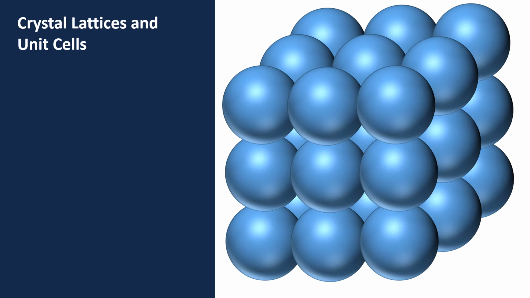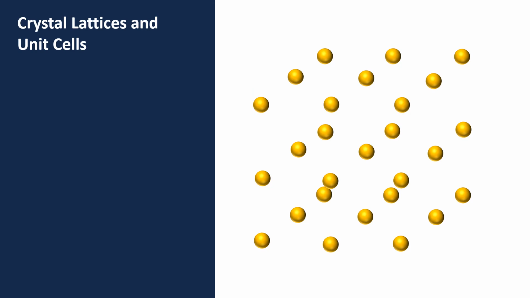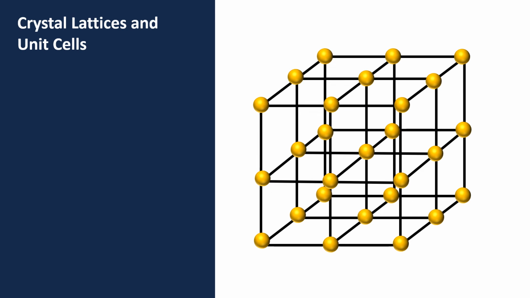It is very difficult to identify the order of these particles by looking like this. So we can consider the center point of those particles as dots. These dots represent the centers of all those balls. If we draw lines connecting the centers of these dots, we'll get a regular three-dimensional arrangement.